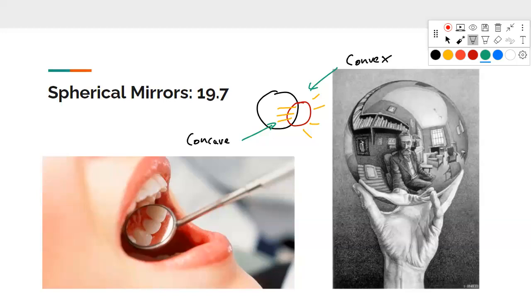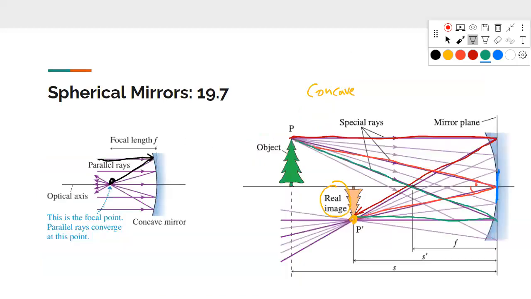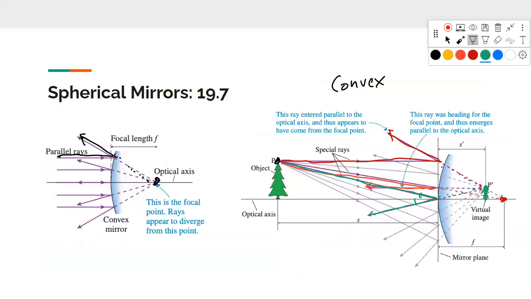Similarly, you'll see these in gas stations so that people can watch you while you're trying to steal candy bars or something. And that's taking advantage again of these virtual images that are formed, where the surrounding environment is shrunken effectively, giving you a wider field of view in a smaller region, so that you can use this mirror to monitor some area.